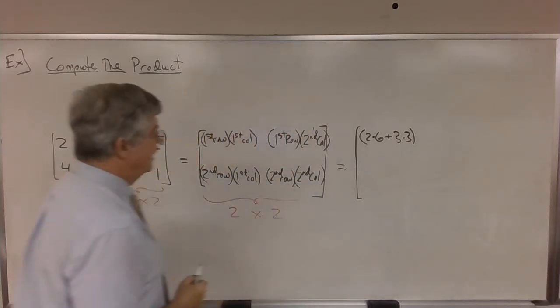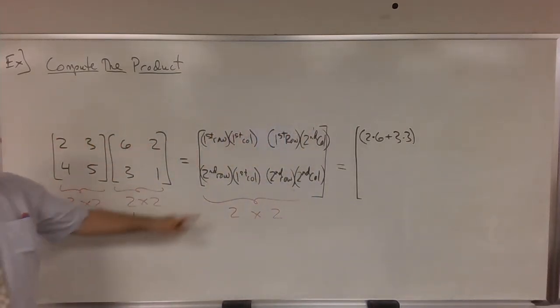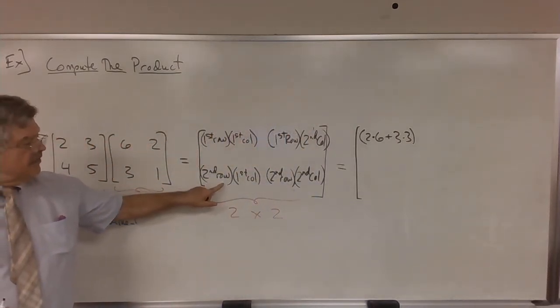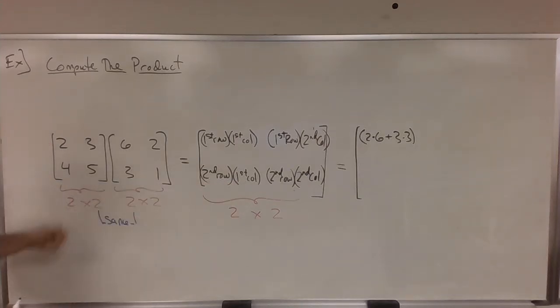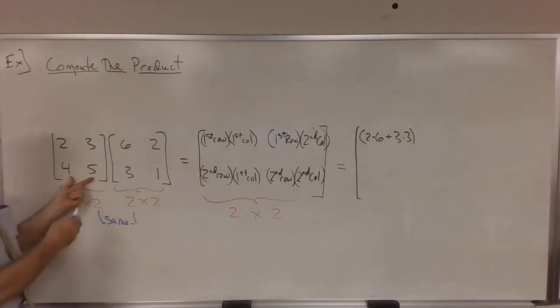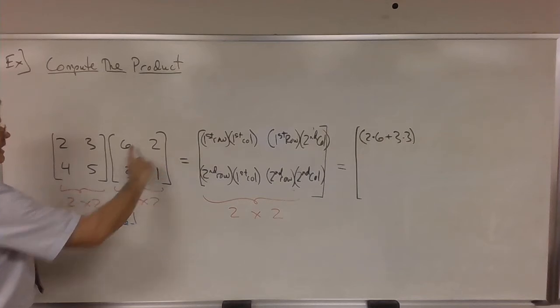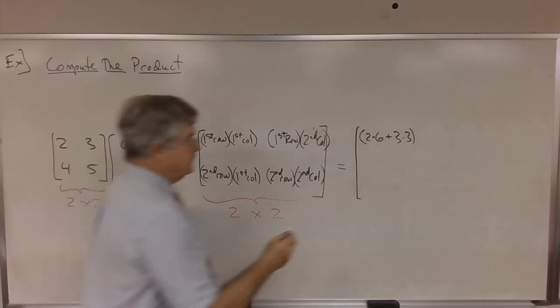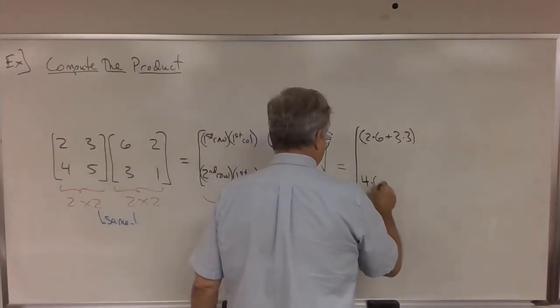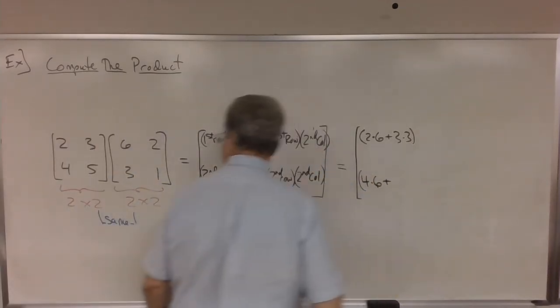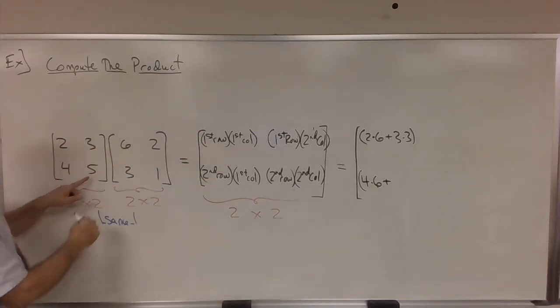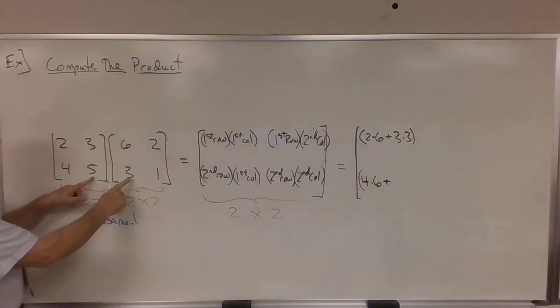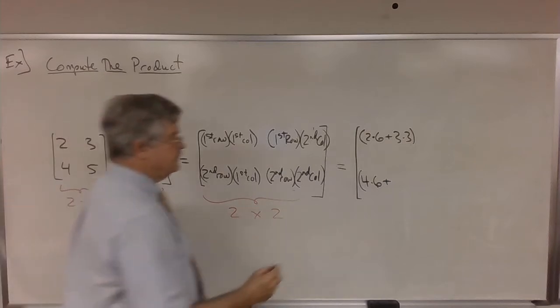Well, that was easy enough. Now let's do this one. Second row times first column. We take the first element of each, 4 times 6, plus the second element of each, 5 times 3.